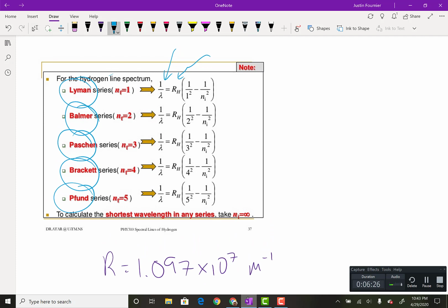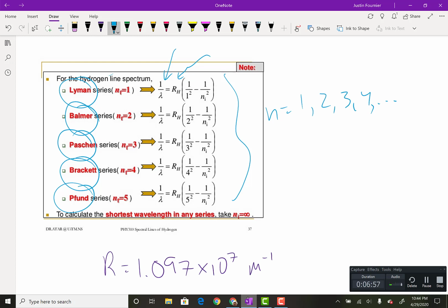It's equal to that constant multiplied by 1 divided by 1 squared, minus 1 over n squared." I think Balmer was the first one to do this. That's why it's kind of in this form, but we'll talk more about that later. And n in all these things could equal 1, 2, 3, 4, and so on.